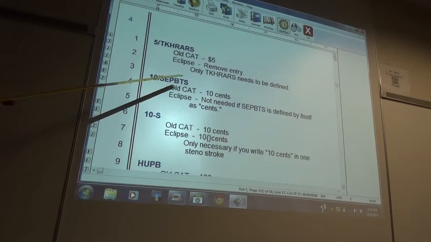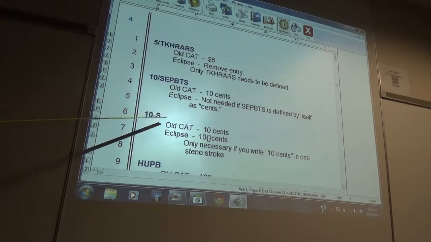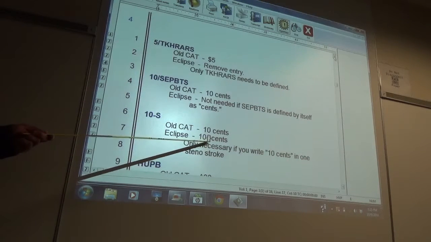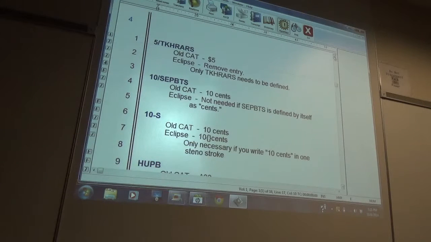Same thing with cents. Okay? Some people do it this way when they say 10 cents, 10s, then this is the way you define it. Okay? Make sense? No pun intended. But that's how.